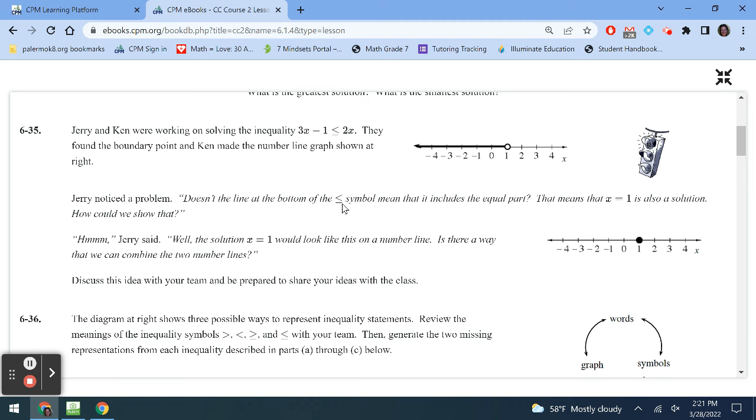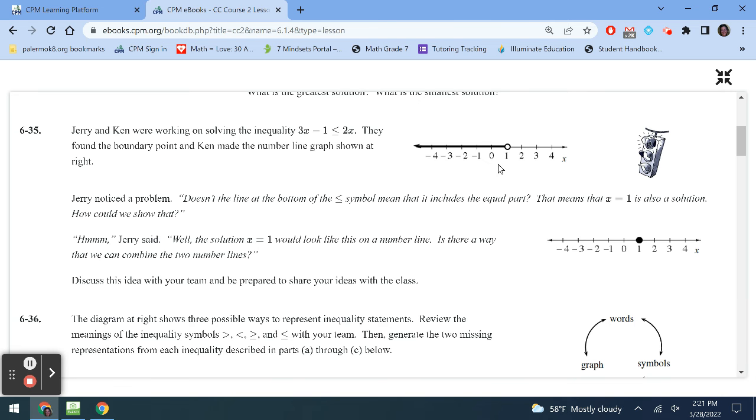That means x is equal to 1 is also a solution. How can we show that? Jerry said, well, the solution x equals 1 would look like this on a number line. And again, the solid dot is showing that x is equal to 1.